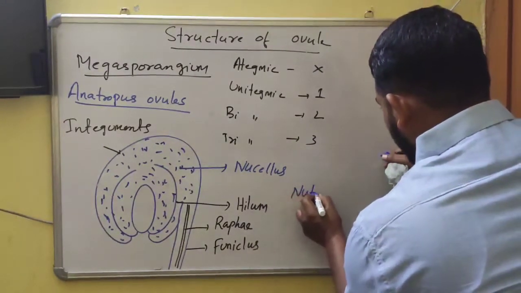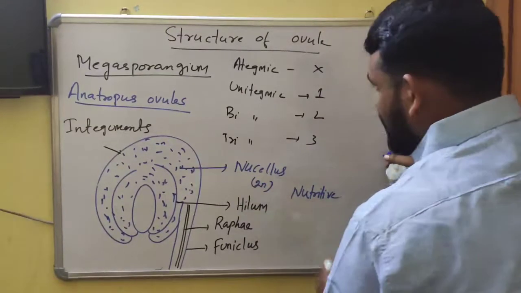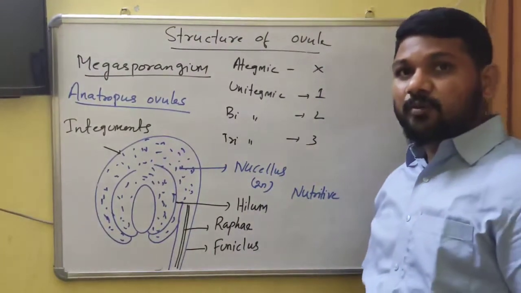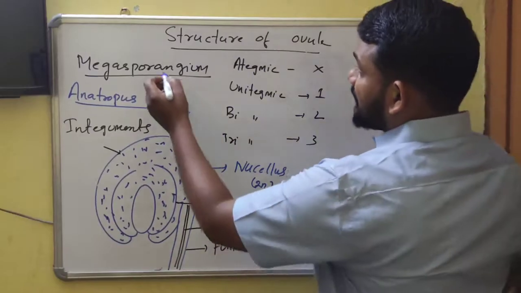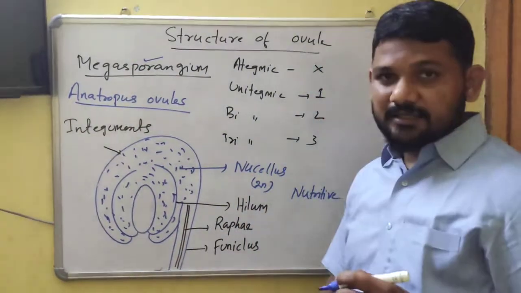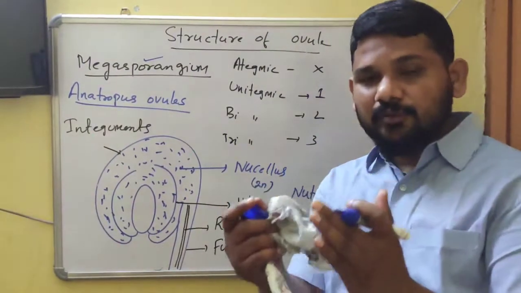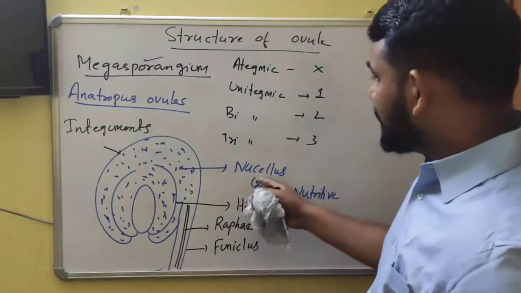It is a diploid nutritive tissue. The megasporangium is equivalent to the nucellus, which means the body of the ovule is exactly equal to the nucellus.